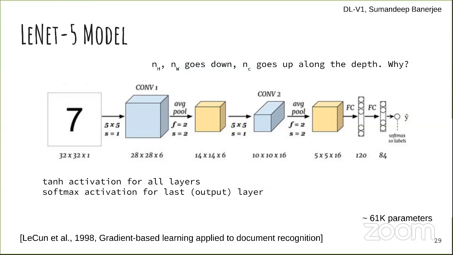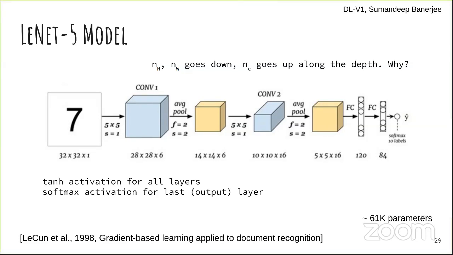After that stage, what this paper proposed, and which is a similar architecture still common today, is that the 2 stages of convolution and average pooling computed 400 features.